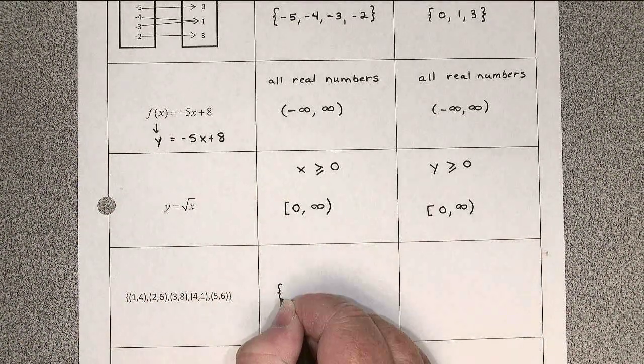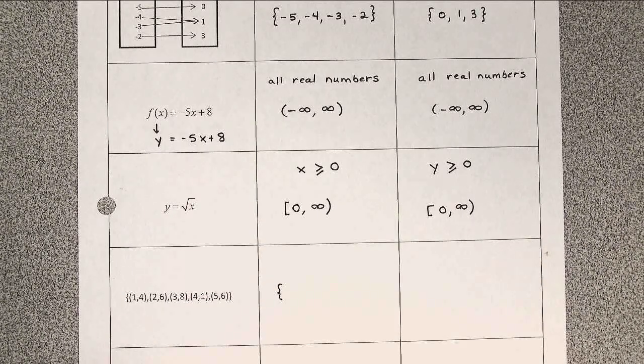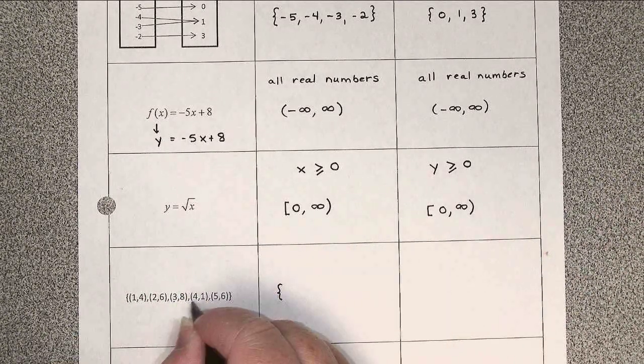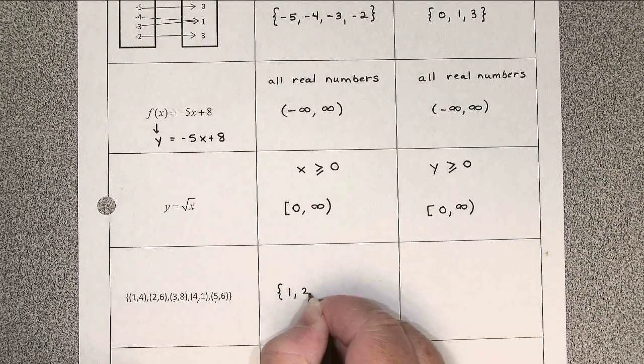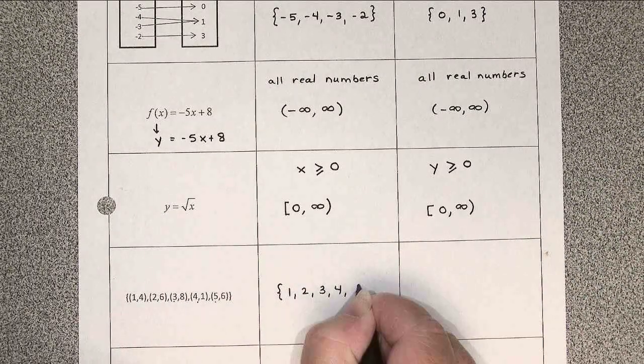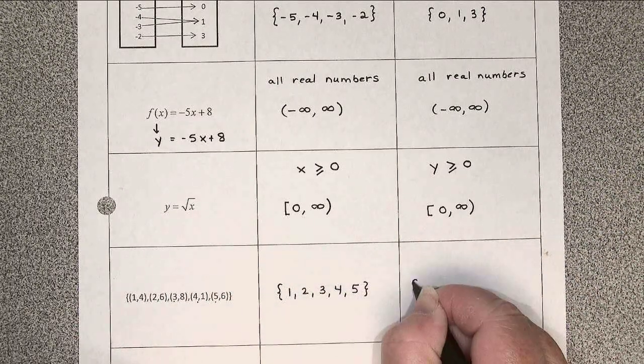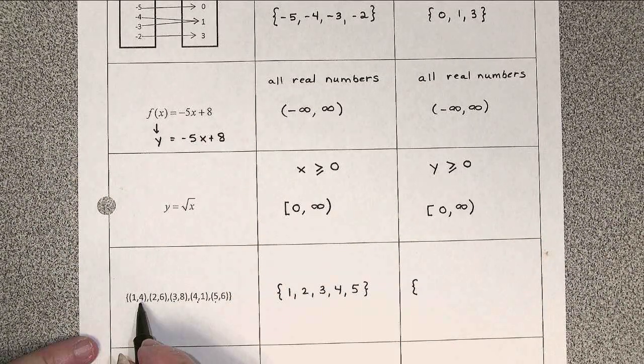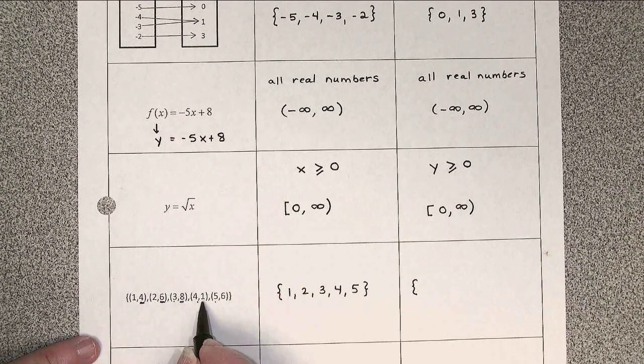So I'm going to use the listing method here. The domain are all the x values, 1, 2, 3, 4, and 5. And y's are all the second values of the ordered pairs. We'd have 4, 6, 8, 1, and 6 again.